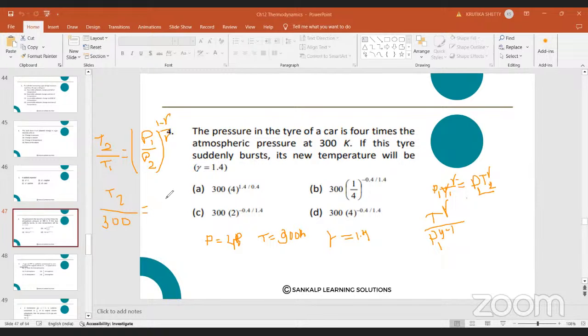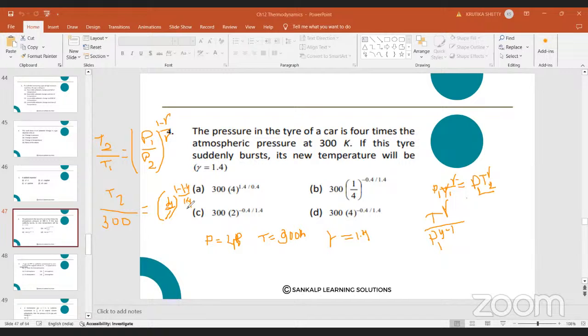Then the P1, P2 values are 4 times of one another, therefore 4 divided by 1, to the power of 1 minus 1.4 divided by 1.4.